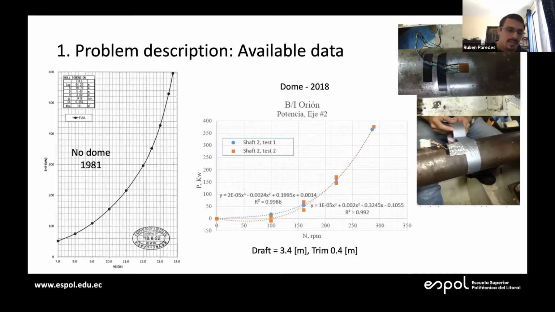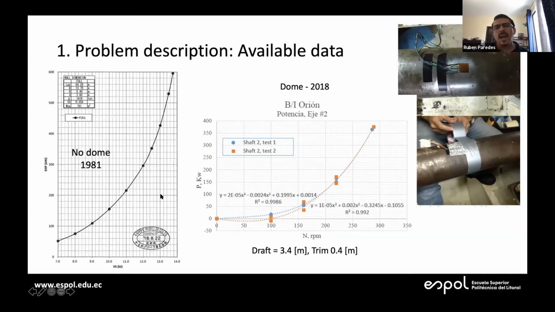So I contacted the propeller designer from back in 1981, a company that is still operating, Kamome Propeller, and they kindly provided us the effective horsepower curve that they used in order to design the propeller. We used those data as validation, as reference data, especially the 12 knots data.